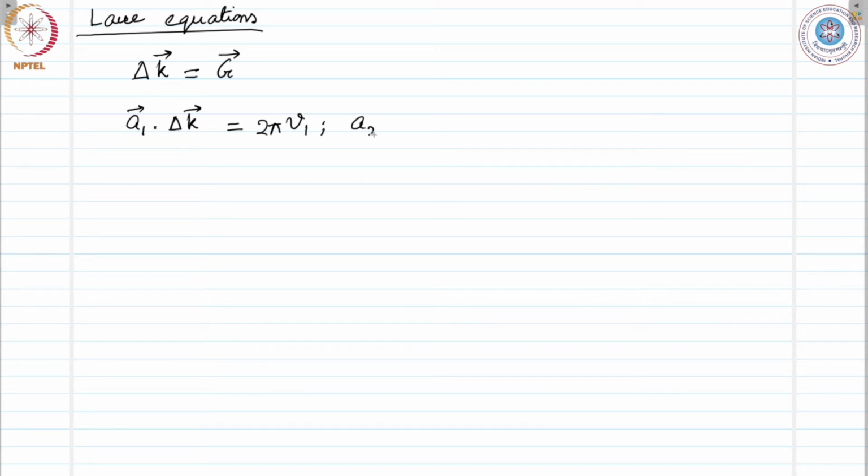Similarly, a2 dot delta k would yield twice pi v2 from the definition of g, and a3 dot delta k similarly would give us twice pi v3.